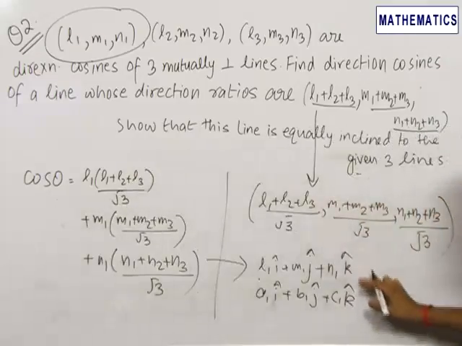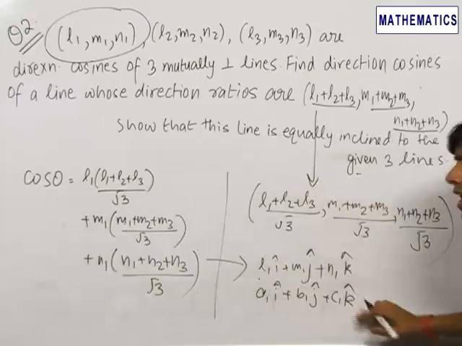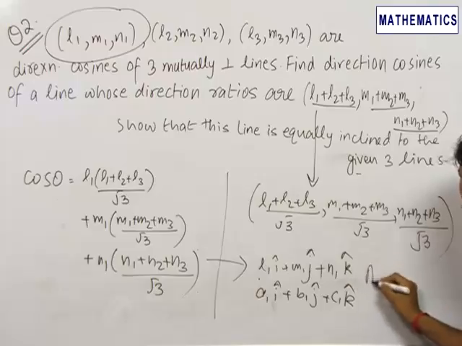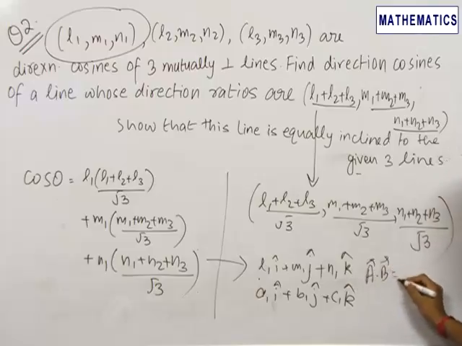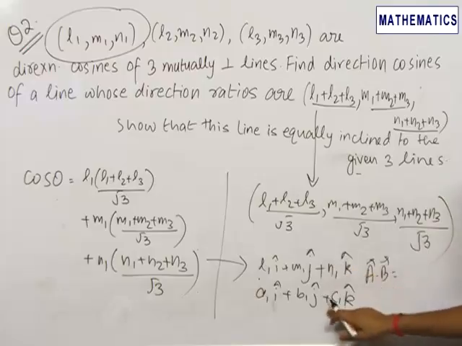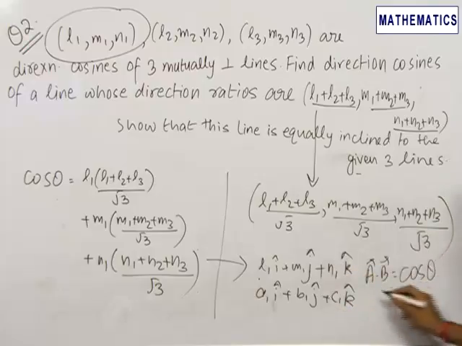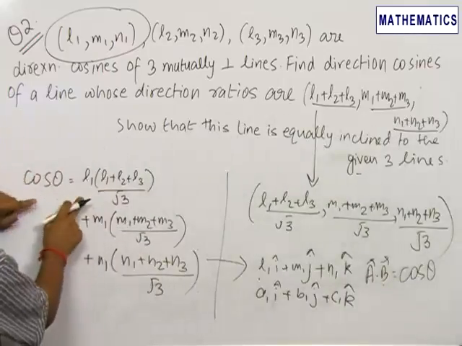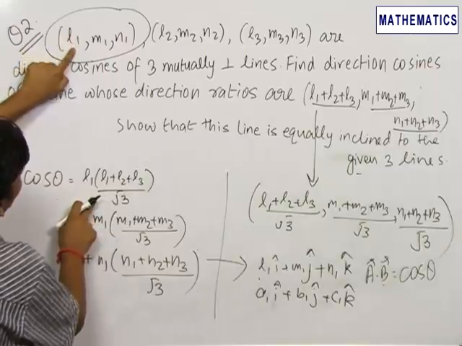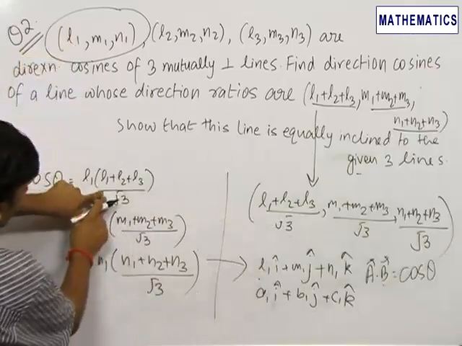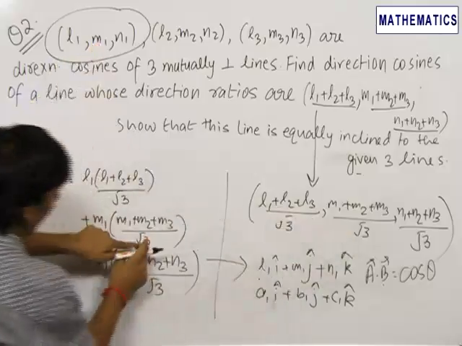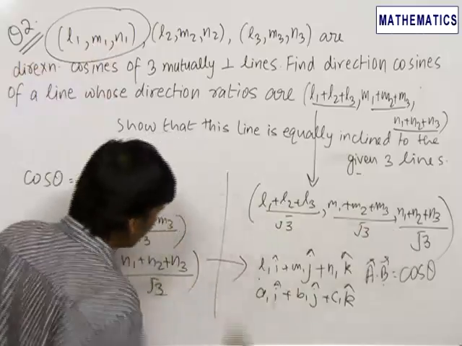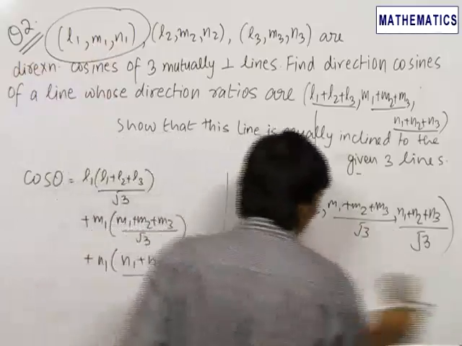Since these two are direction cosines, the magnitude of these vectors is 1. Therefore we can write modulus A dot B is equal to modulus A modulus B cos theta. Modulus A and modulus B are both equal to 1, so cos theta is equal to A vector dot B vector. This is what we have written here. When we take the dot product, we multiply the x component by the x component, the y component by the y component, and the z component by the z component. So let us solve for cos theta now.